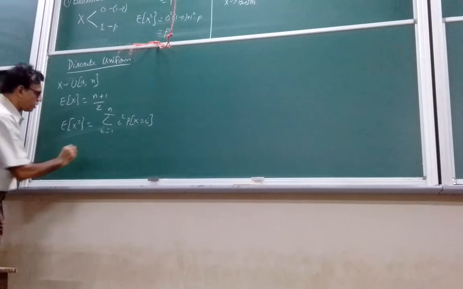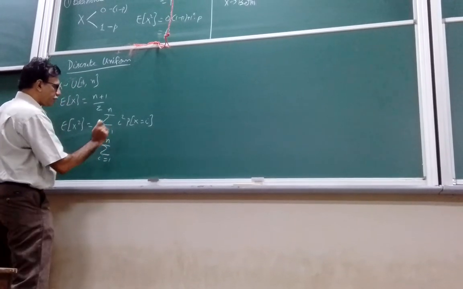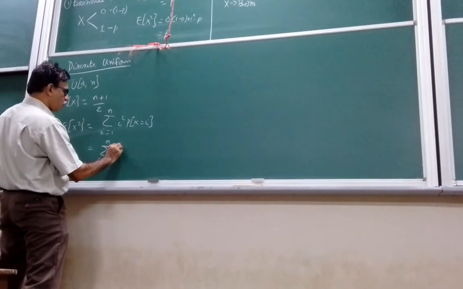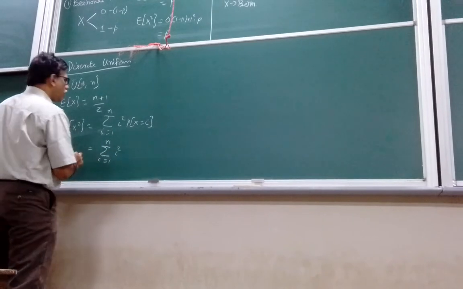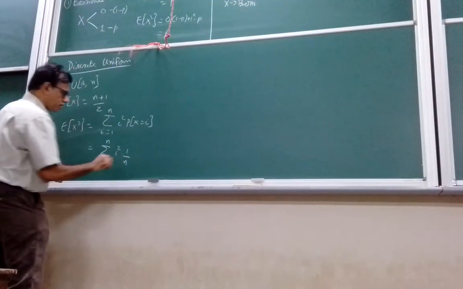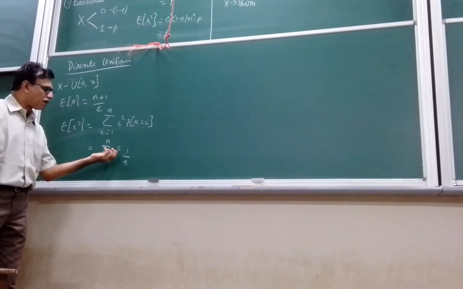That's how the second moment is formed. So we have to put i squared into the probability, which is the standard 1 over n. Then you have to put the formula for the sum of i squared.